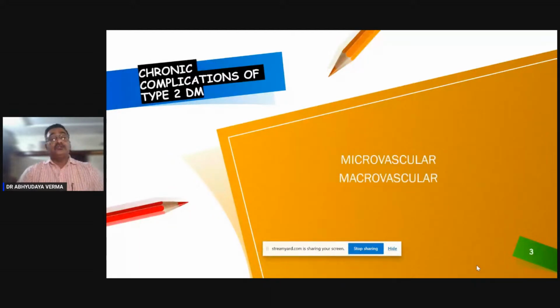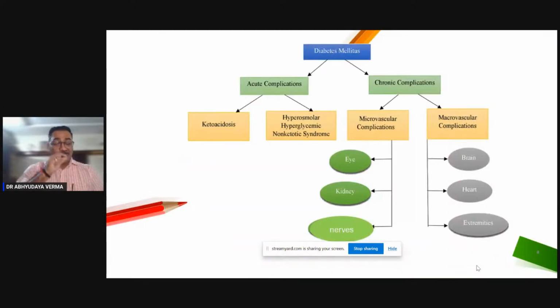And then talking about the chronic complications, as I said, we have micro and macrovascular complications. Here you can see the same things which I have told you earlier: the acute complications, ketoacidosis, and hyperosmolar non-ketotic syndrome.